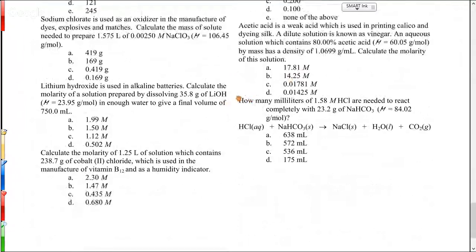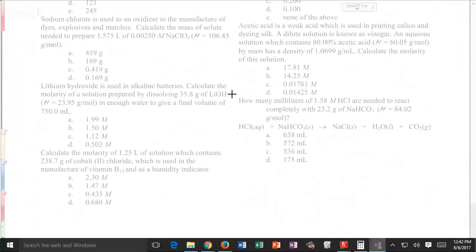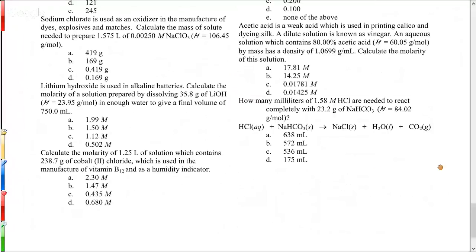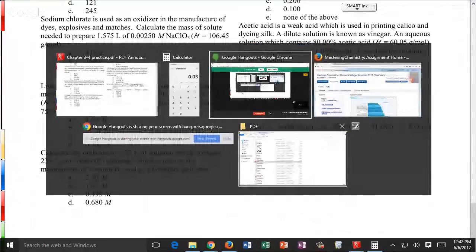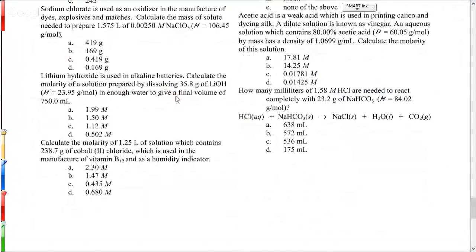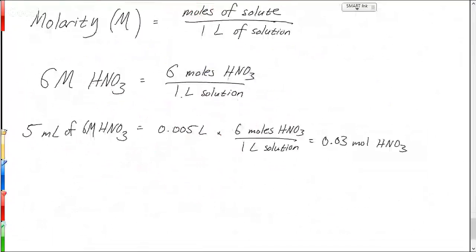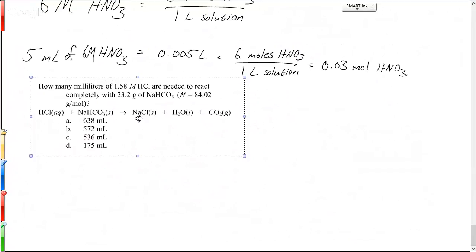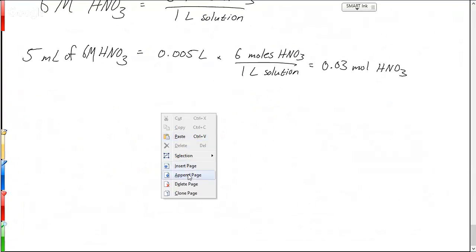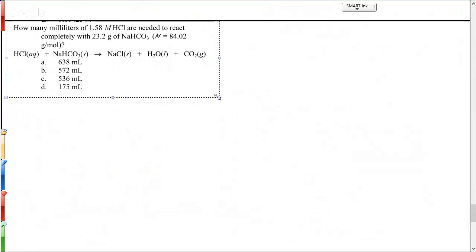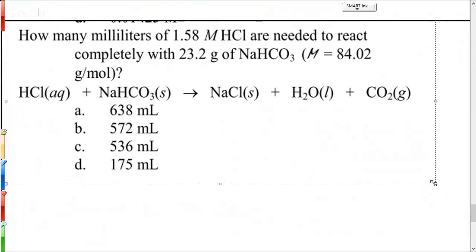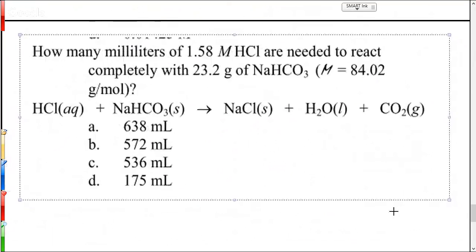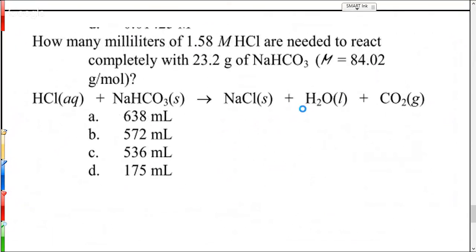So I'm going to look at this very last one here. So a problem like this.